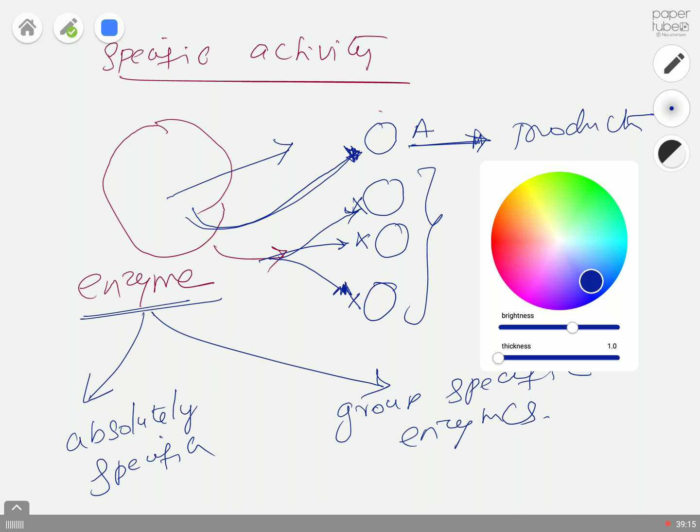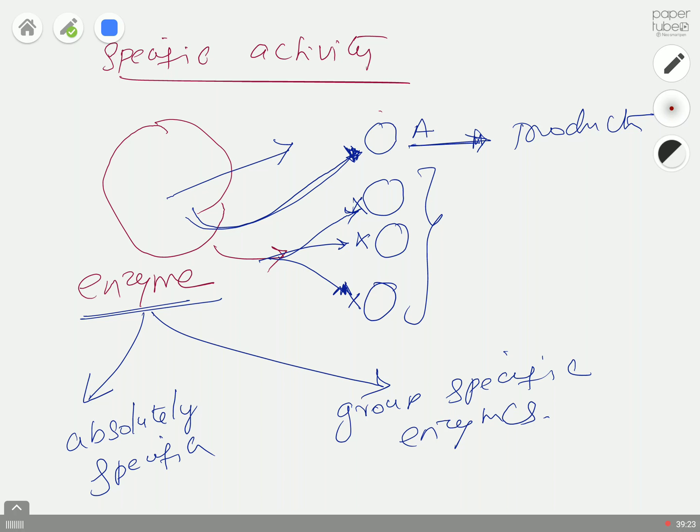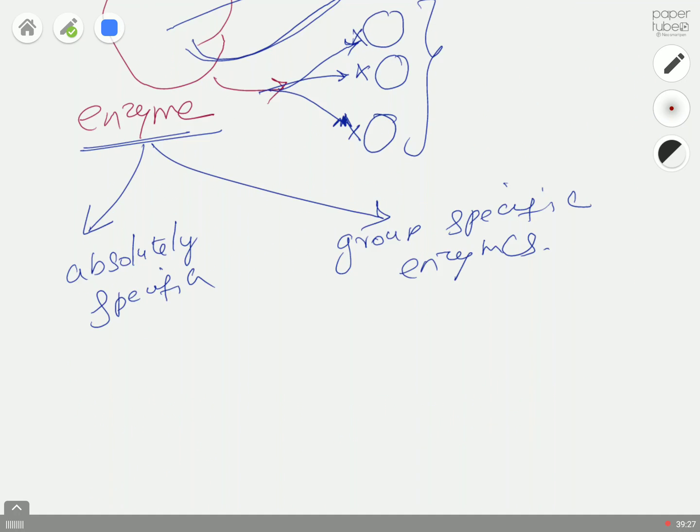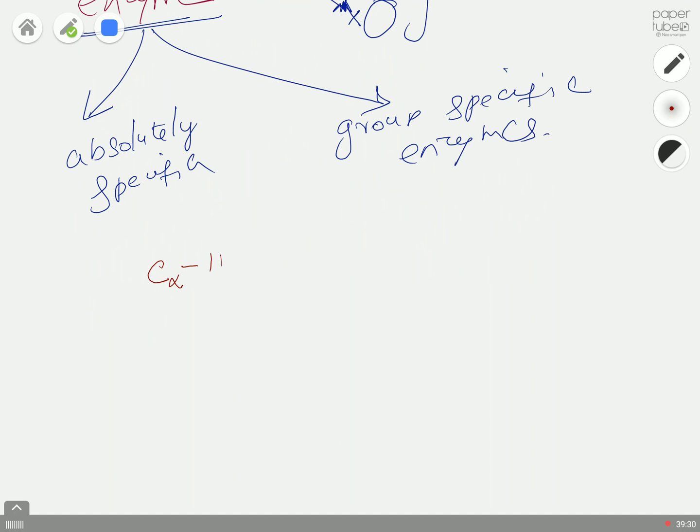So what does this absolutely specific enzyme mean? I will try to draw this. This is going to be very tough. I'll try to draw this a bit neat.